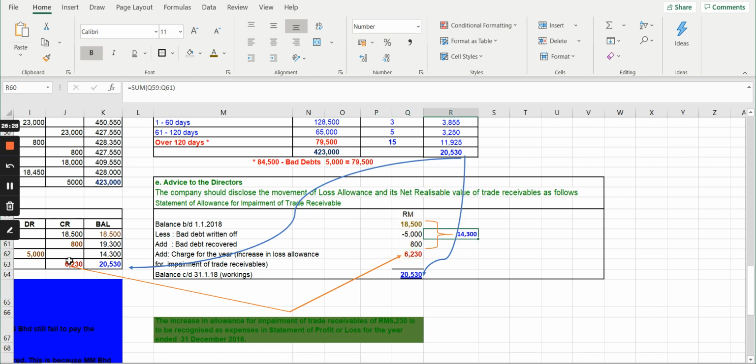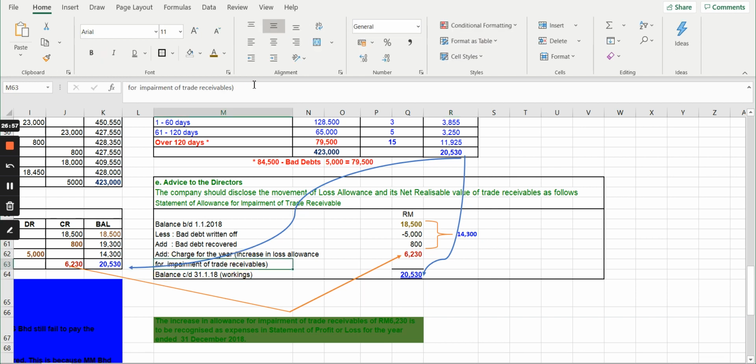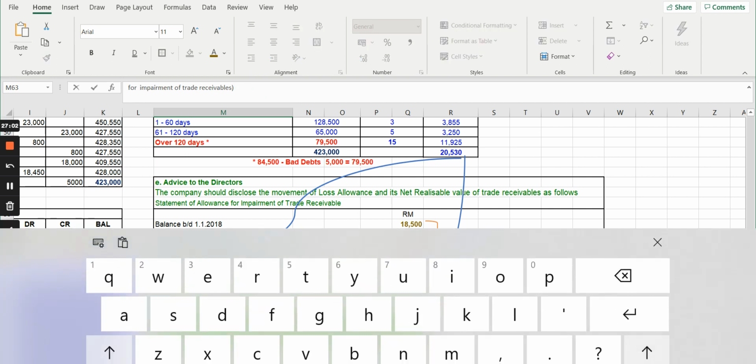Without doing the 3-column ledger, this is the balance. You compare this with this balance, and you can see that there was an increase, because earlier it was 14,300 and now it is 2530. The increase is 6230. So that was the charge for the year, which is the increase in loss allowance for impairment of trade receivables that you will have to charge to your statement of profit or loss. So this is the one that you will show in your statement of profit or loss.